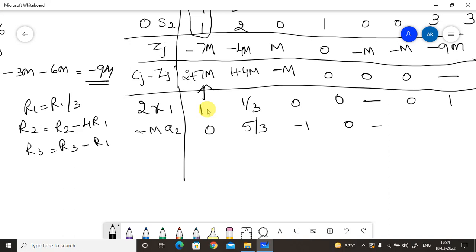This we are not going to calculate, and then 1 and 2. Similarly for R3 minus R1, this remains 0, 2, then 0, this becomes 5 by 3, 0, 1, we are not going to calculate that, and this becomes 0 and 2. Done.